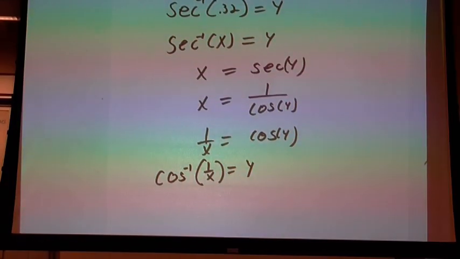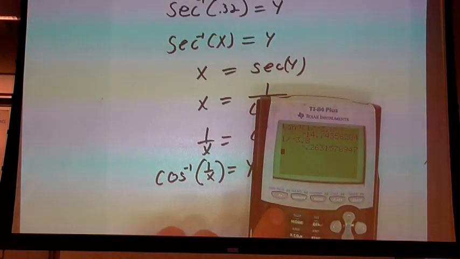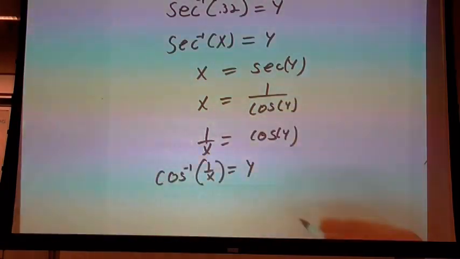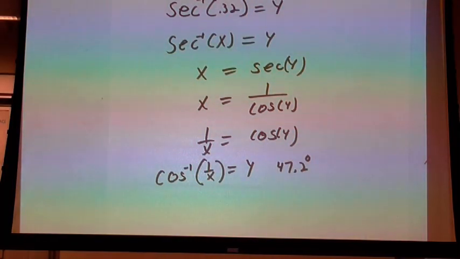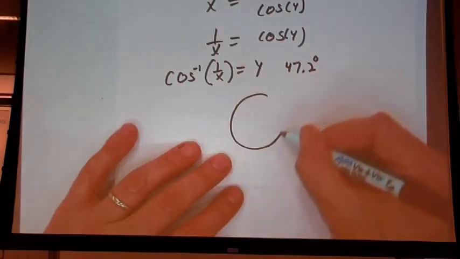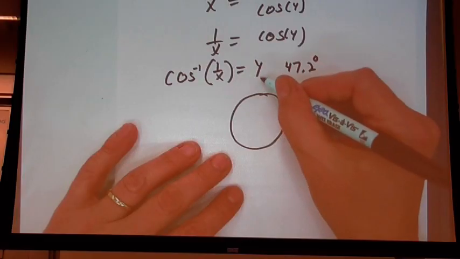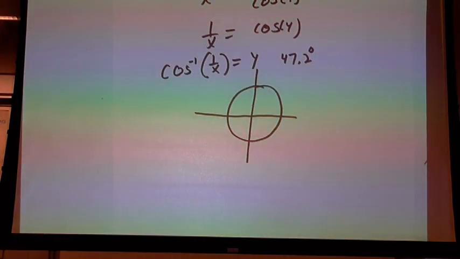And now I can just plug in my calculator. Inverse cosine of 1 divided by 0.32, and I get 47.2 degrees. And then I just have to do what I would always do with the cosine. Where is the cosine positive?